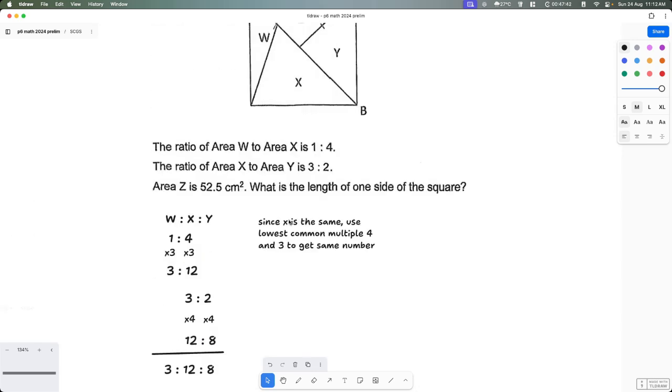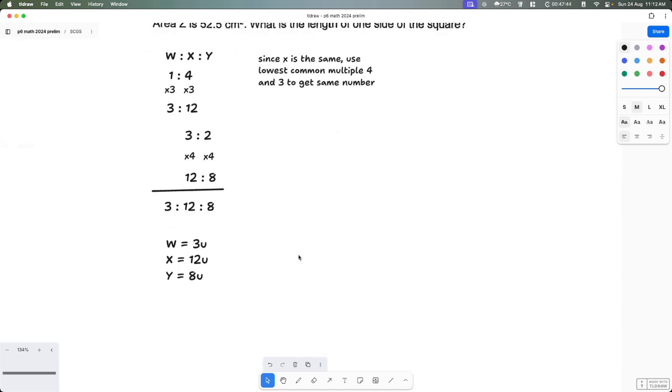We also know that W and X is equal to half of the square. So half of the square is equal to W plus X, which is 3 plus 12, which is 15 units.